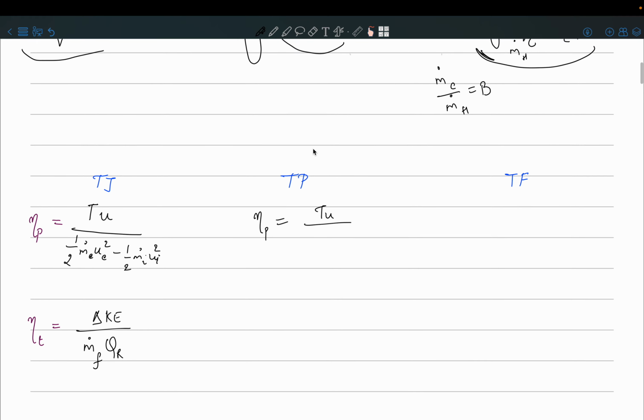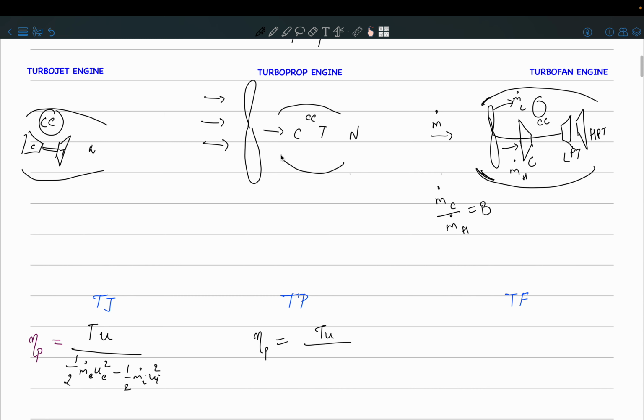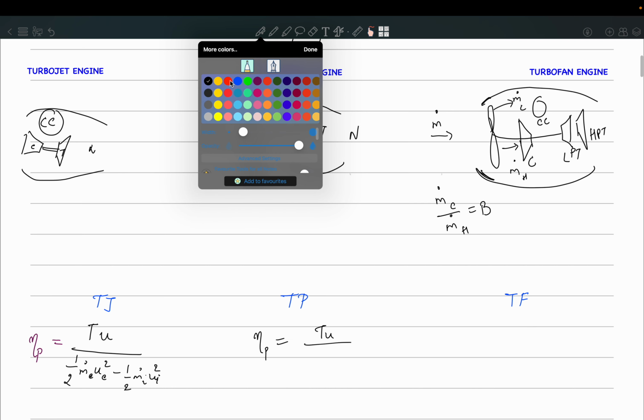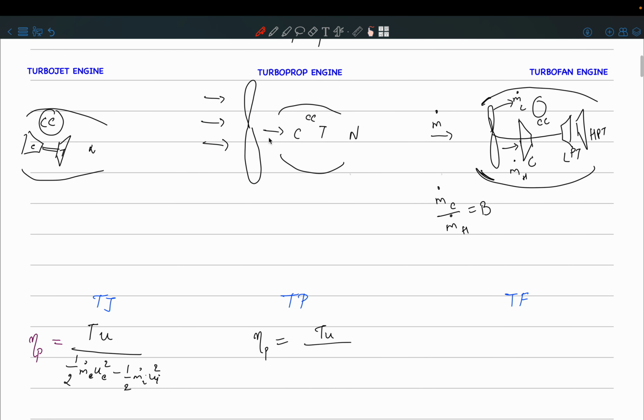Okay, so go back to your turbopropeller. See, there's something important over here. In a turboprop, maximum of the thrust is generated because of the m dot term, right? And to turn this huge propeller, you will have a shaft, and your engine is going to give power to the shaft, which we call P shaft.